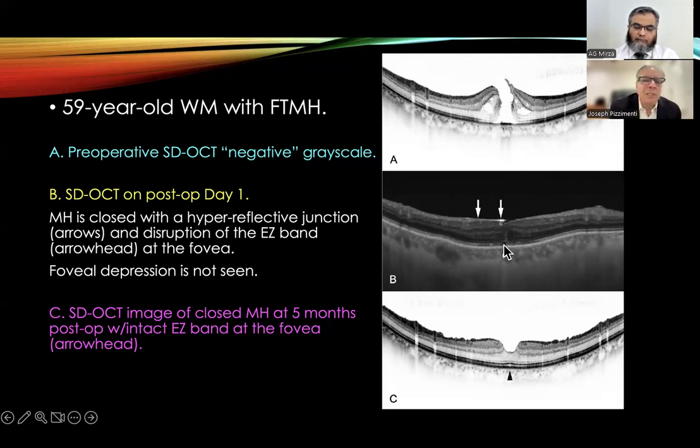So this patient is seeing about 20/30 or so on day one post-operatively, which is still a really good result, 20/30 to 20/40, but there is no foveal depression on this particular cut. Whereas at 5 months in the image below, the foveal depression has returned, as has the ellipsoid zone band, and so visual function will improve on this particular case.